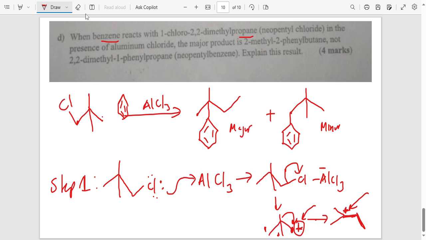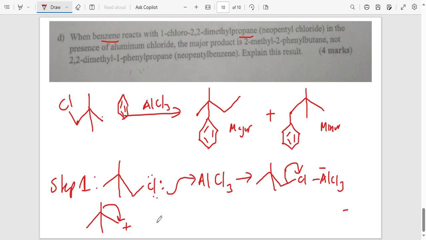Let me write this thing again because of the space here, it's making me write wrong things. I'll write it from this end. There's a positive charge here. Remember we are saying there's going to be a shift of the methyl. A methyl is going to shift from here up to here.